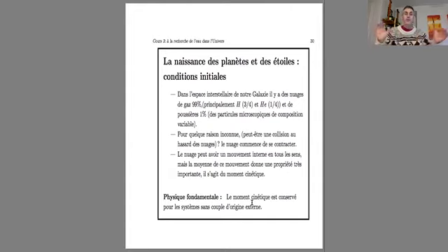It's conserved because there's no external agent trying to rotate it in one sense or another, or to stop it from rotating. It's already rotating, and there's nothing to stop it, and so it will continue to maintain its net angular momentum.